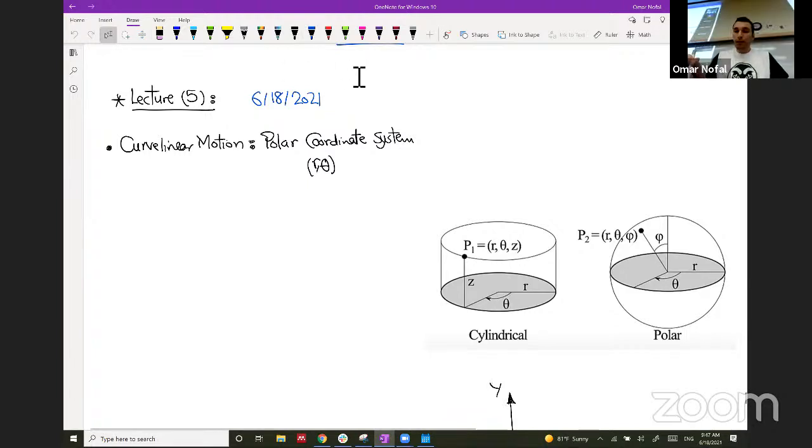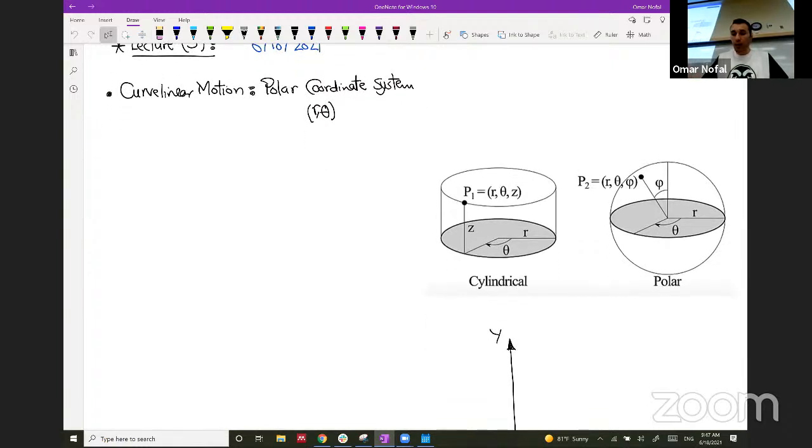So let's get started and continue our curvilinear motion with a new coordinate system, which is the polar coordinate system. As you know from your previous background, there are multiple systems that can be used to describe a particle in space. One of them is the Cartesian, which is the XYZ coordinate, and we also have a cylindrical coordinate system if the particle is on a cylinder or has a spiral like this.